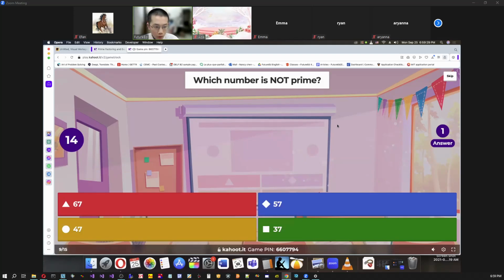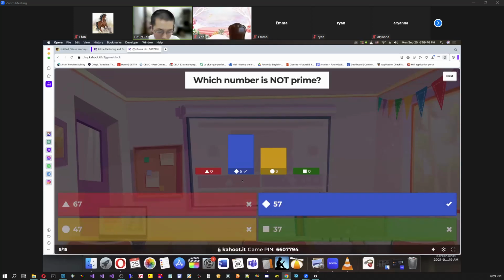Oh, this one's hard. Just as a hint, you need to use the division by 3 rule, the division by 3 trick we learned today. Okay, good job. Presumably the people who used the division by 3 trick found out that 5 plus 7 is 12.